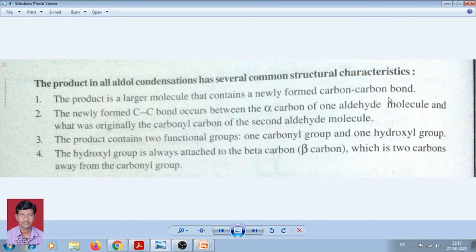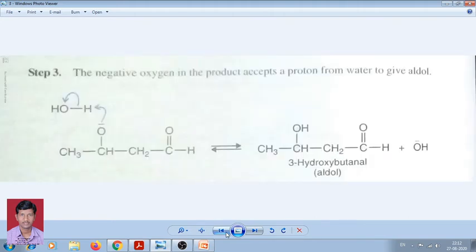Whatever product is obtained during the course of aldol or condensation reactions, this molecule has a new carbon-carbon bond formed. This new carbon-carbon bond is formed in the product, which makes the molecule larger.